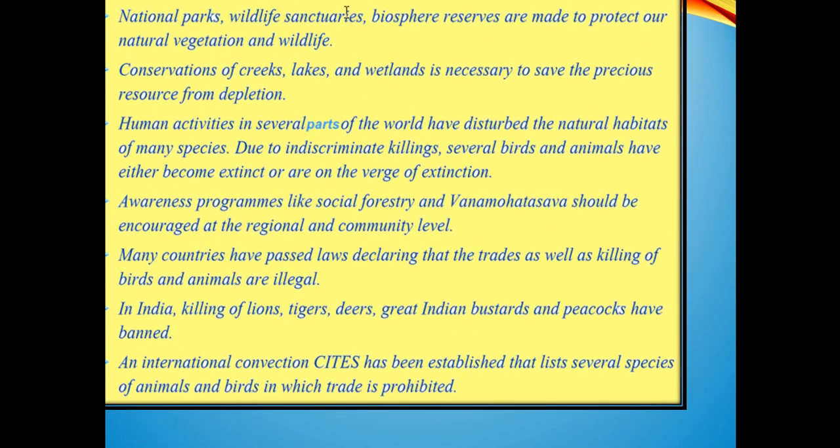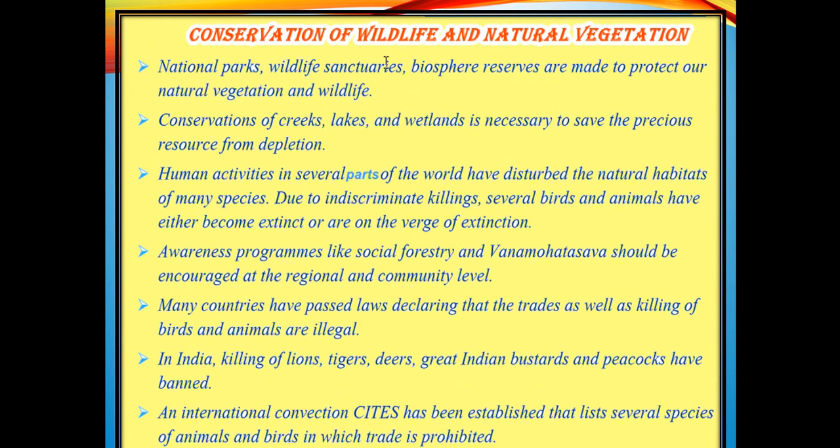Now next, how can we conserve it? What are the ways we can conserve it? National parks, wildlife sanctuaries, and biosphere reserves are made to protect our natural vegetation and wildlife. In national parks, all types of wild animals are conserved in their natural habitat condition.